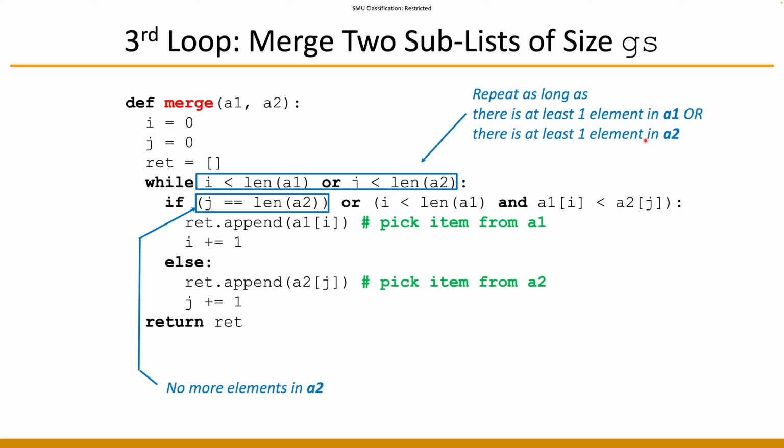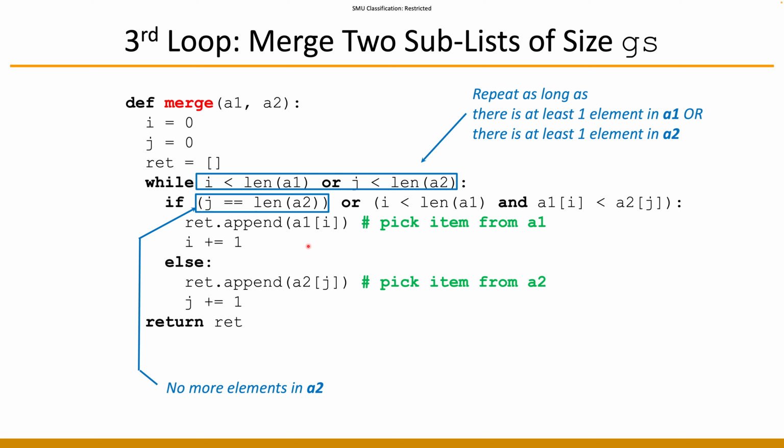And the second condition inside this if statement is that if your J already reached the end, it means that you have no more elements in A2. Then the second part will not be evaluated, right? You don't need to do anything, right? You can directly just append this element from A1 to the return variable because you have no element in A2 you need to compare to.